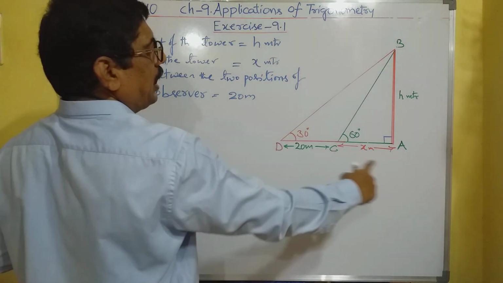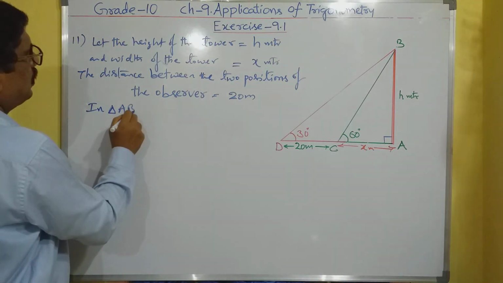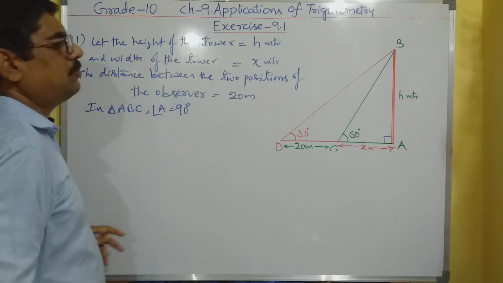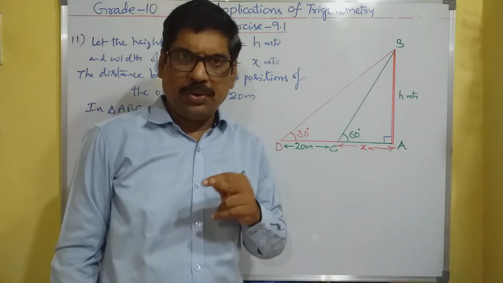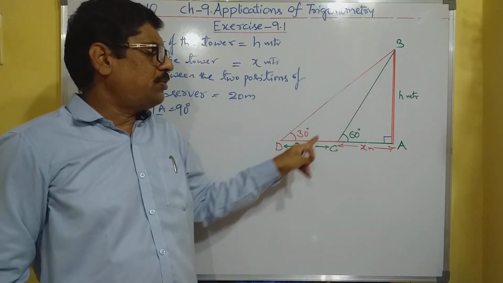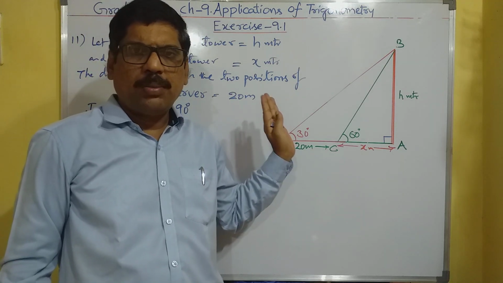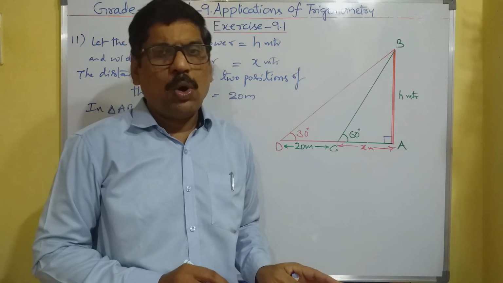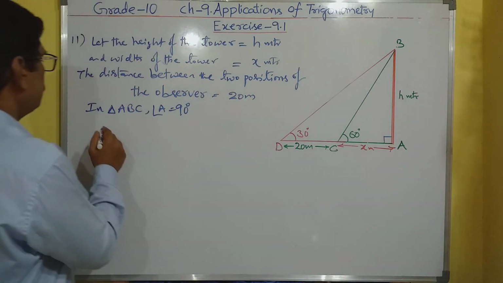In the first triangle, ABC, angle A is equal to 90 degrees. If you take tan, why do we have to take tan? I told you already. Here the hypotenuse has not been given, so we need not worry about the hypotenuse. Then the relation will be among the opposite side and adjacent side. So we have to take tan.